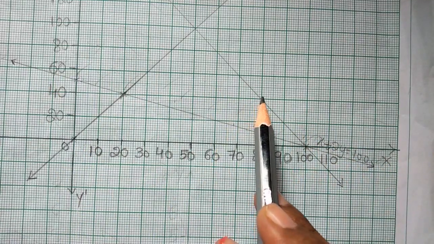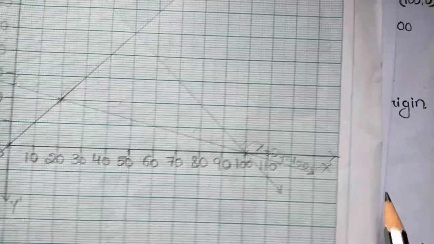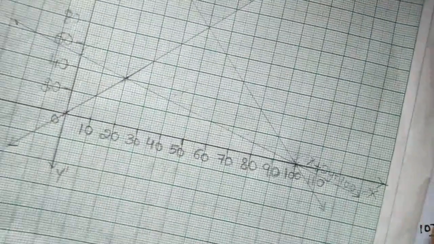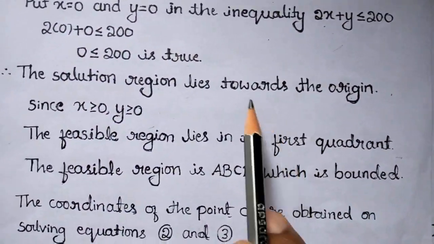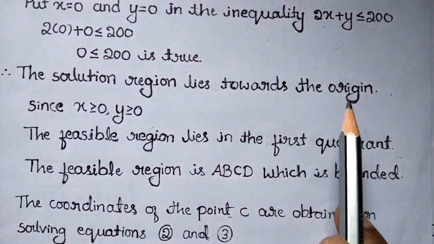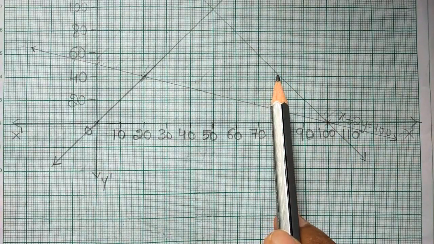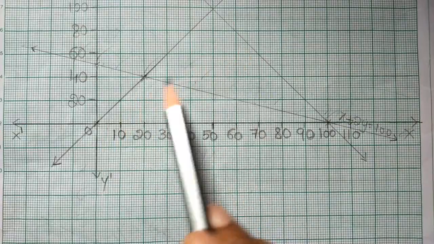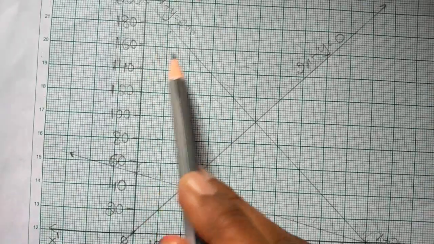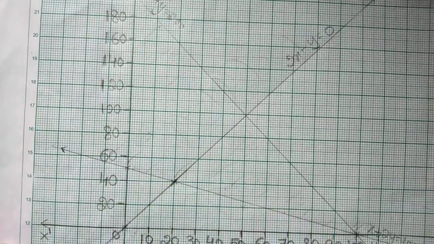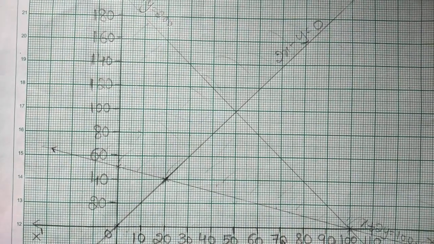For the third inequality, the solution region lies towards the origin. This is the third inequality. The region lying towards the origin is this side. Then I'll mark the region lies towards the origin. Now we have to find the common region.